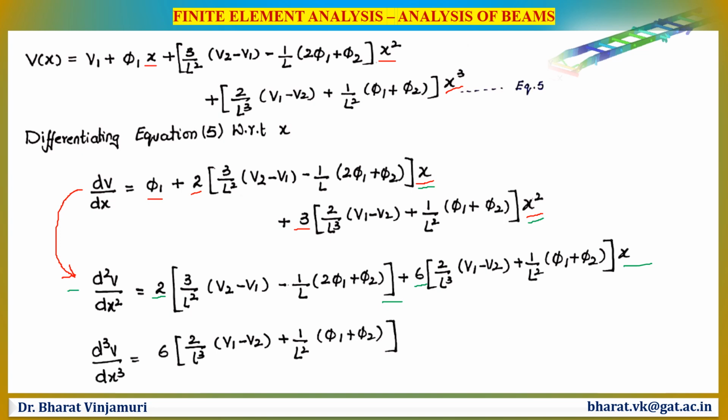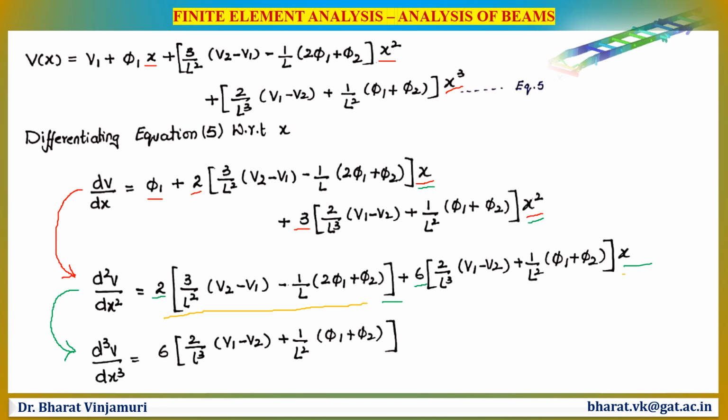The differentiation goes on. For the third order, because the shear force is a third order derivative, to obtain the shear force we need to differentiate this once again. Since the entire term in this case is a constant, you don't see any value; this term will directly be 0.